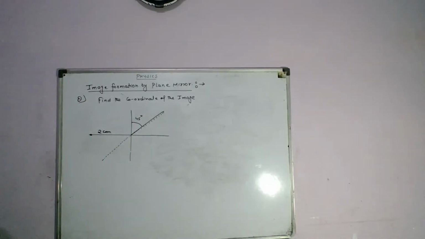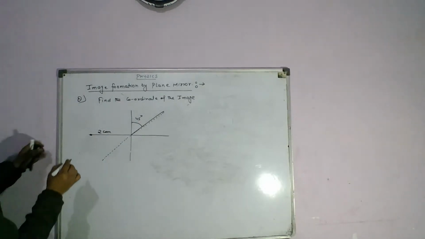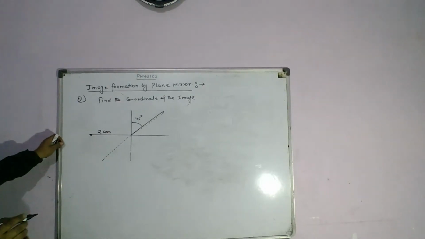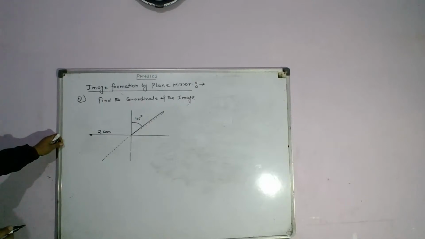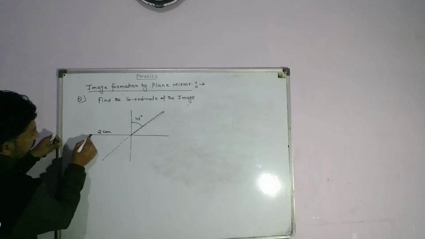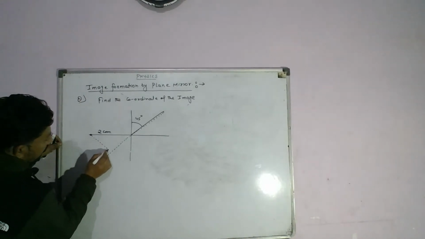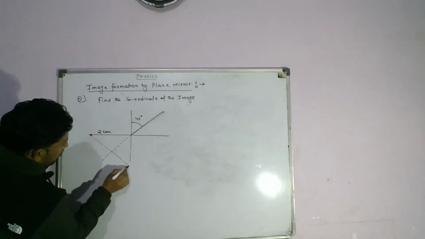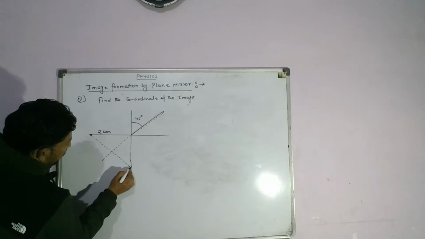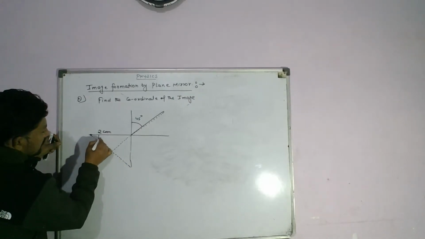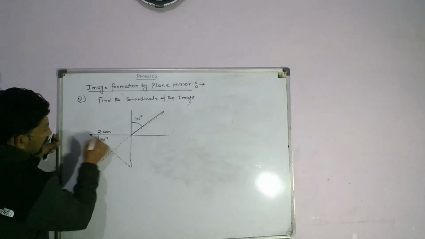This distance is 2 centimeter, so the ray can bend with an angle of 45 degrees. This angle is 45 degrees.